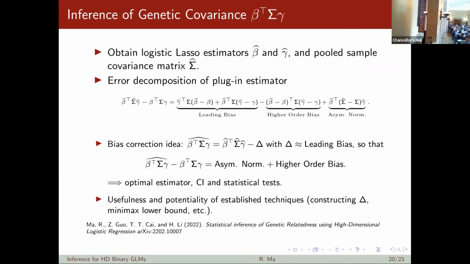And again, due to the time limit, I'm not able to show real applications of the method, but in this paper we did include an interesting case study where we analyzed the genetic relatedness between 10 pairs of autoimmune diseases.